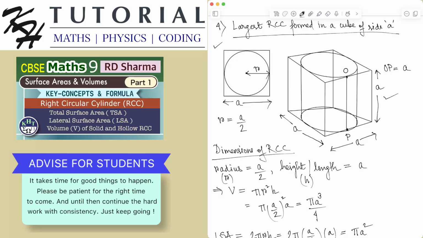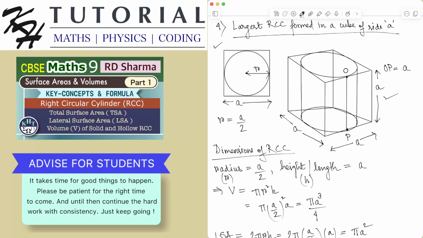So the height of the largest RCC will be equal to A, and what will be the radius? The radius of the end faces of the largest RCC will be equal to the side length of the cube divided by 2. So small r will be equal to A by 2.